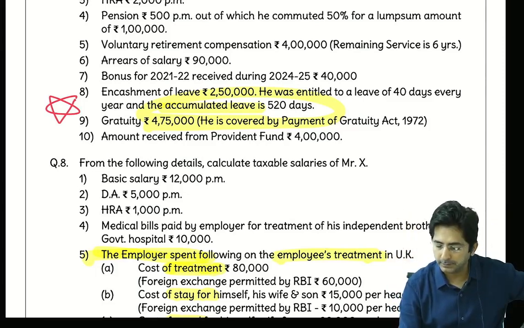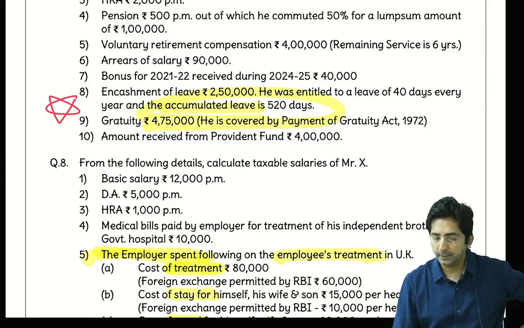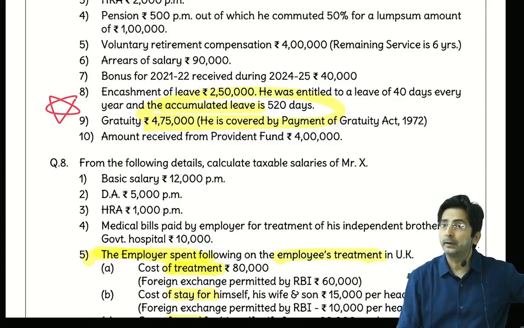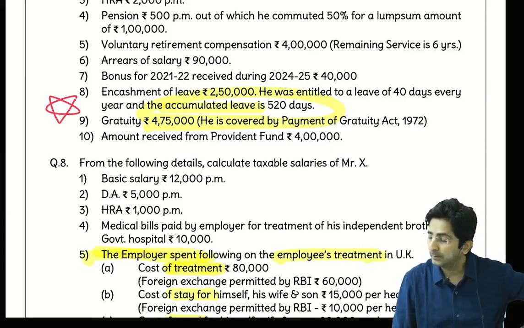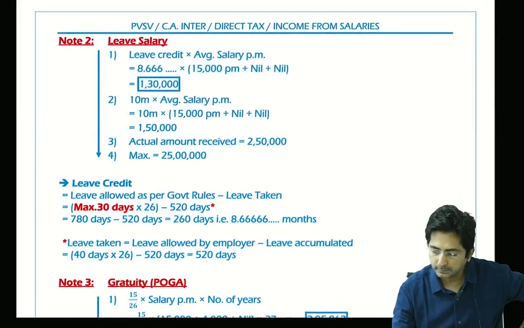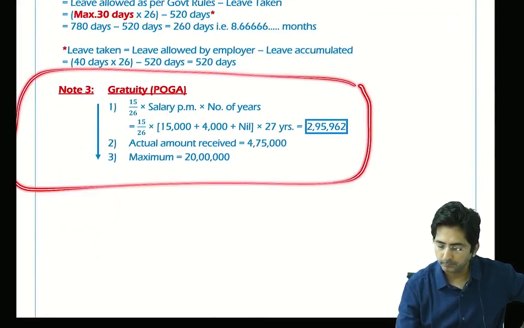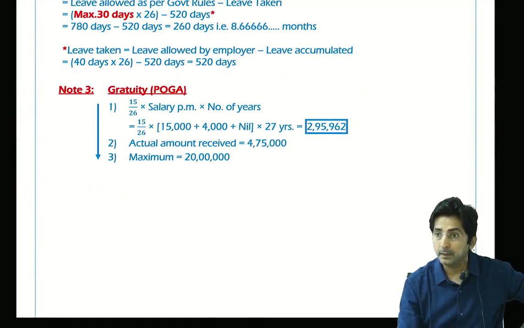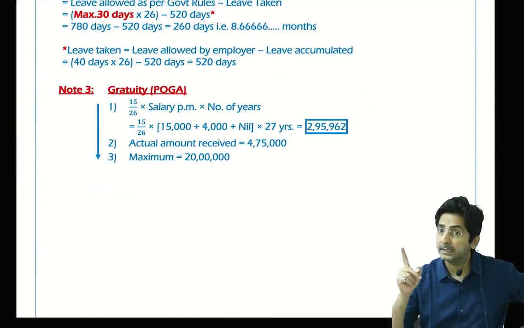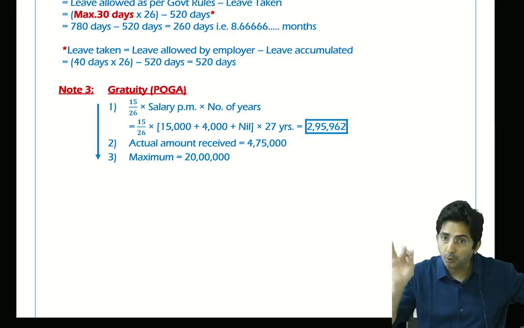In this question, leave salary is done. Next is gratuity. Gratuity is a POGA employee, so the 15/26 formula. I hope you have done this. There was nothing great here. See, look: 15/26 into salary, which means latest basic plus latest DA both.